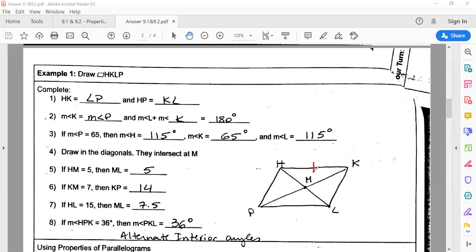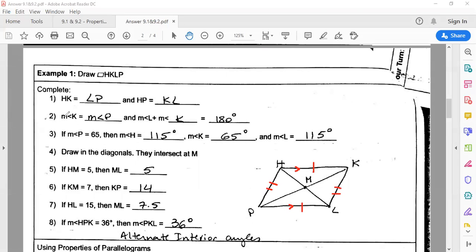So I know that this side is equal to this side, right? They're opposite sides. I know that this side is going to be equal to this side. I also know that they're parallel, right? So this segment is going to be parallel to this segment, and then this segment is parallel to this segment.